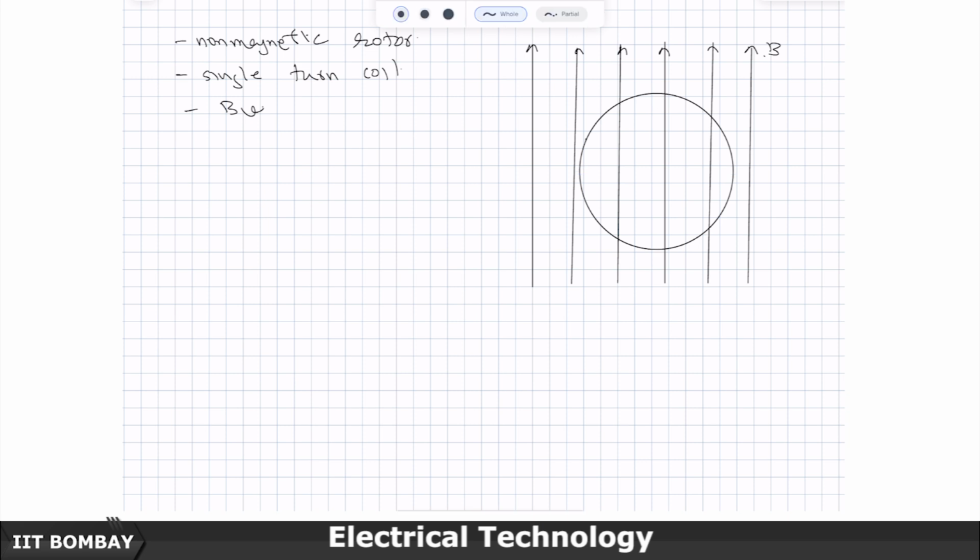So, I have a conductor sitting here, a turn. This is the center, this is the radius or the diameter of it, and here is a conductor sitting across, and here is a conductor with length L sitting there.